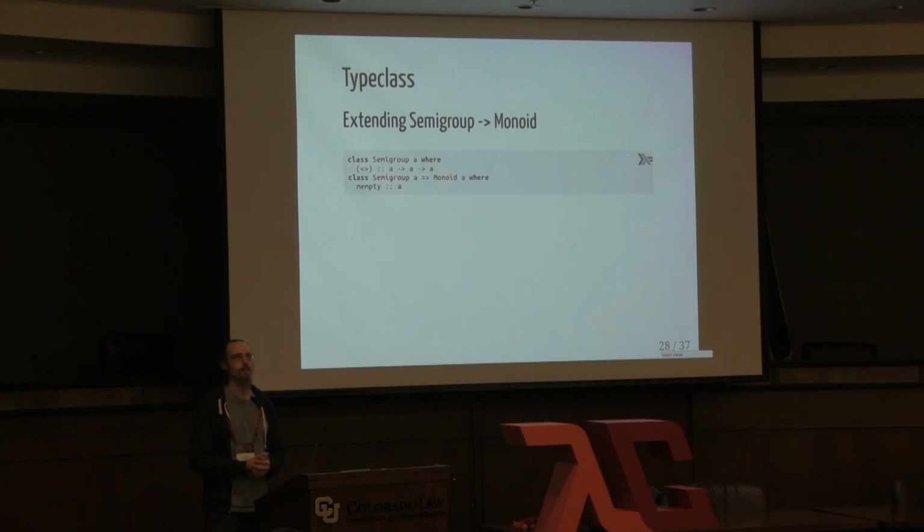No, that doesn't work out because you still have to look it up on the value and not based on the type. So in the JVM at least, you can have method implementations on the class or on the object itself, which means if you have it on the object itself, it's not actually anything related to a type class anymore because you're looking up functions on the value itself.